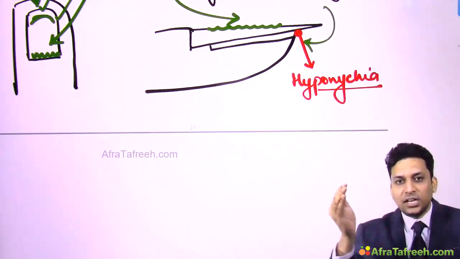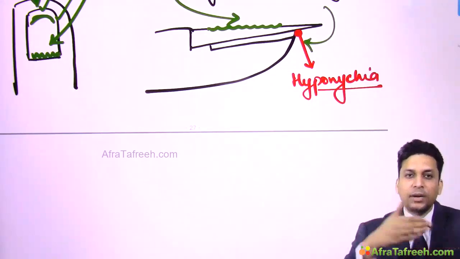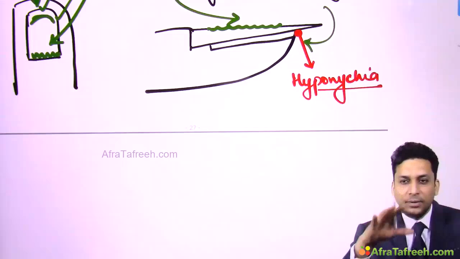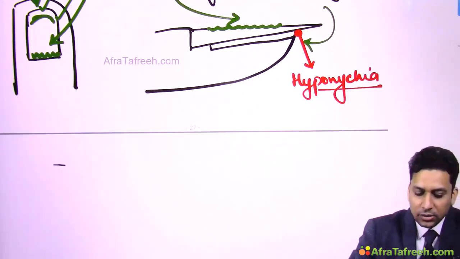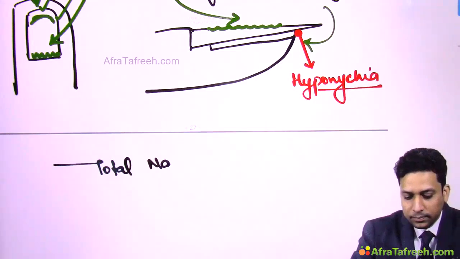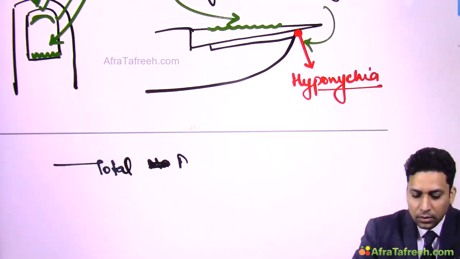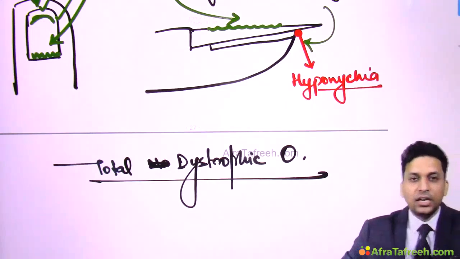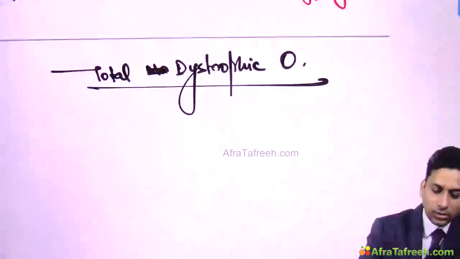From distal it will progress to proximal, from proximal it might progress to distal, from superficial it can go deep. So it can ultimately lead to total dystrophic onychomycosis.